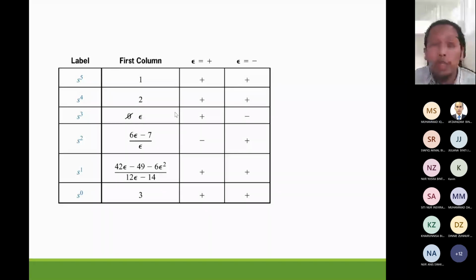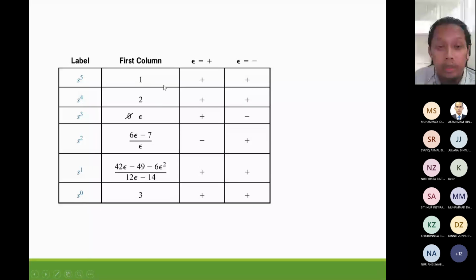We assume that the small value epsilon can be either positive or negative. If we assume epsilon is a small positive value, then we can determine whether the column has sign changes.